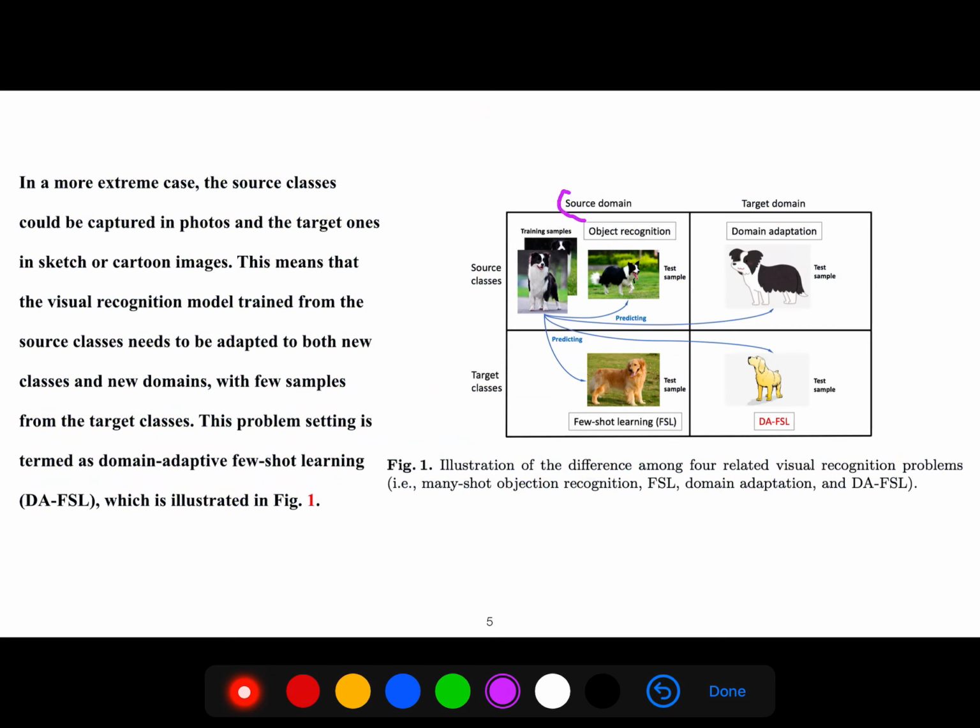So we go from source domain into a target domain. For example, your target domain could be totally cartoonish, but the source domain has a different distribution. So in a more extreme case, the source classes could be captured in photos and target ones in sketch or cartoon images. This means that the visual recognition model trained from the source classes needs to be adapted to both new classes and new domains.